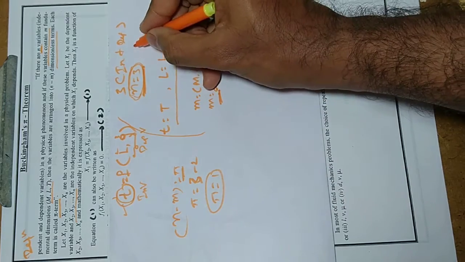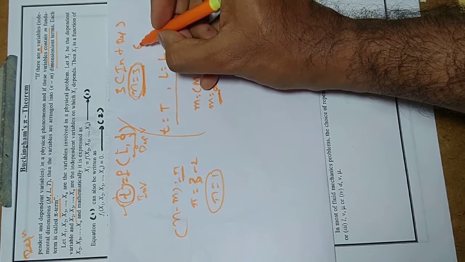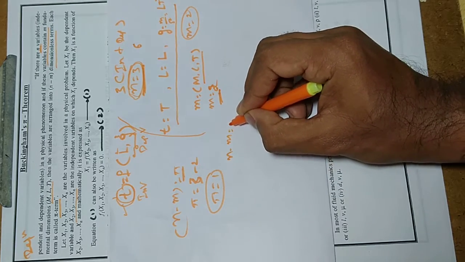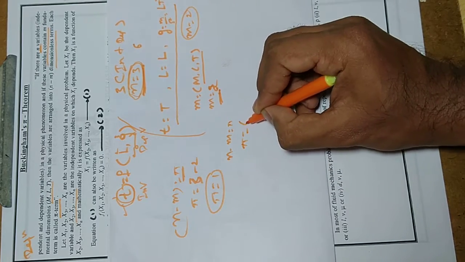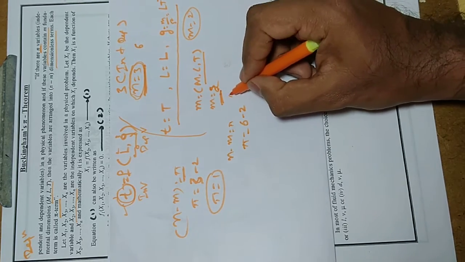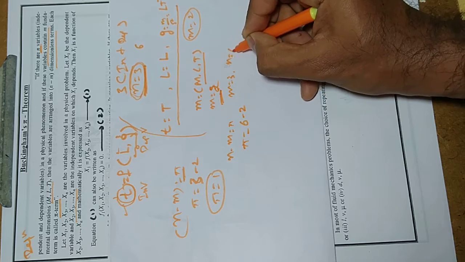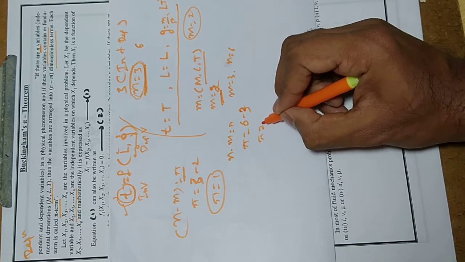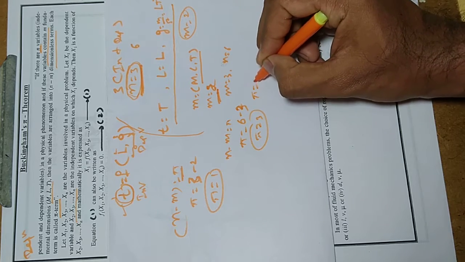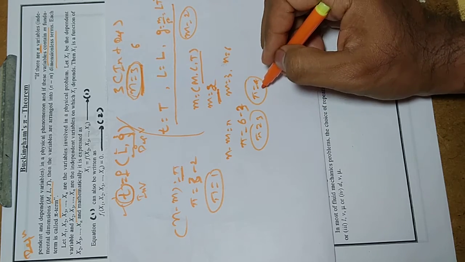Suppose n is 6, the total number of variables is 6, then n minus m is equal to the pi terms. Suppose in this problem I take m equal to 3, n equal to 6, then the pi terms become 3. Now if n is equal to 7, there will be a total of 4 pi terms.